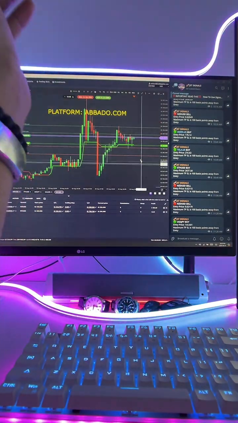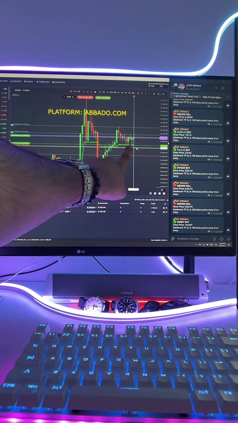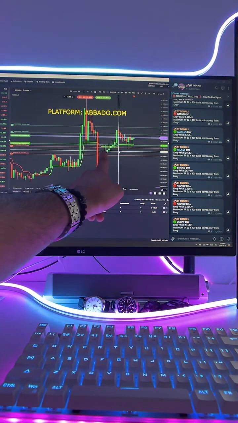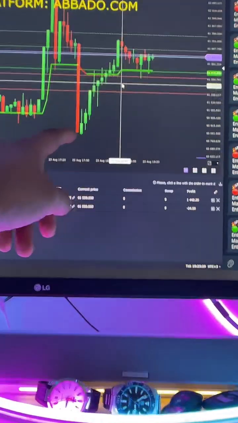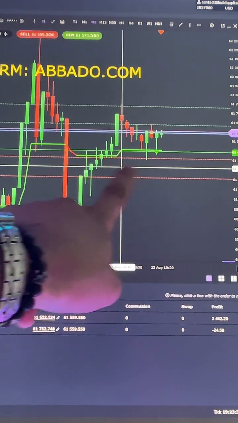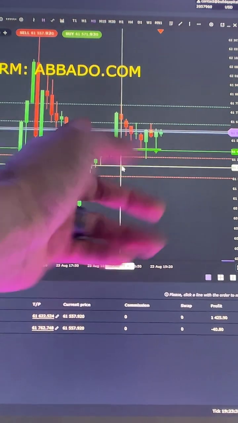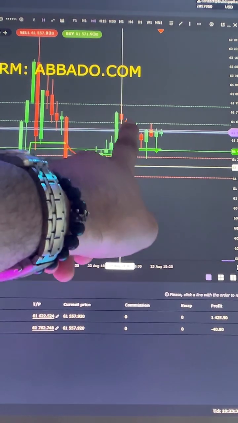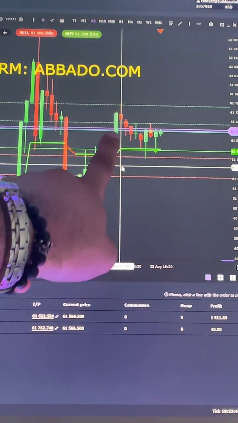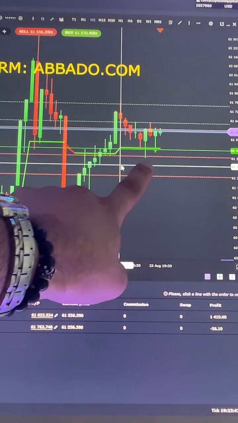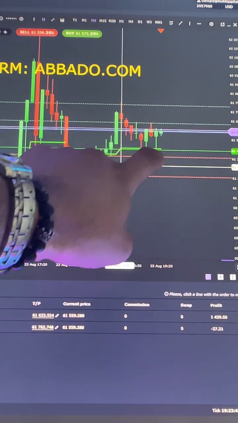Now, this is the reason that I entered a buy trade here, is because guess what? The super trend is green, right? The super trend is green. But what happened is I missed this huge move up. So then what do I do? What I would do is I would wait for the market to pull back. So it would go against the trend a little. And look at my entry right here.